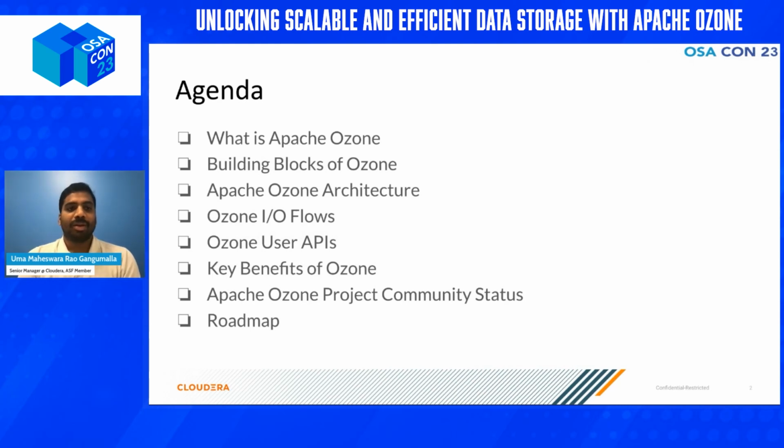Today's agenda: I'm going to talk about what Ozone is and the building blocks of Ozone. Then I will go over the Apache Ozone architecture itself, and how the redesigned architecture makes it open for exabyte-scale capacity. I will also take you through the Ozone IO flows, and how efficiently the data is laid out there.